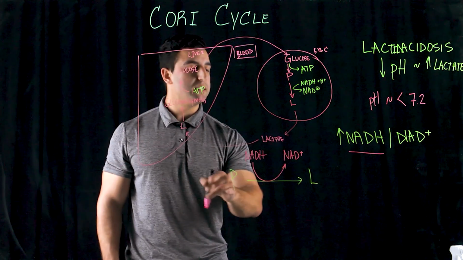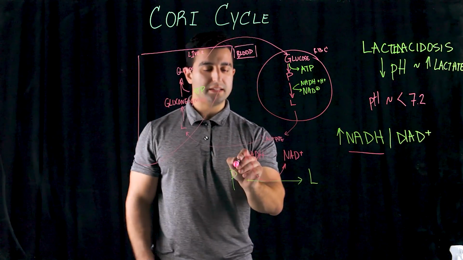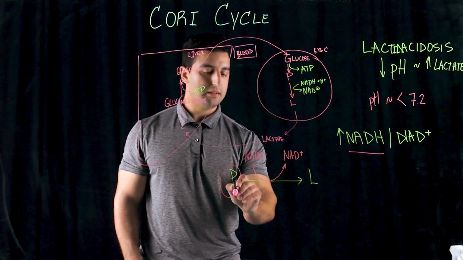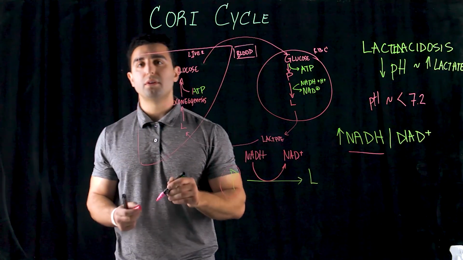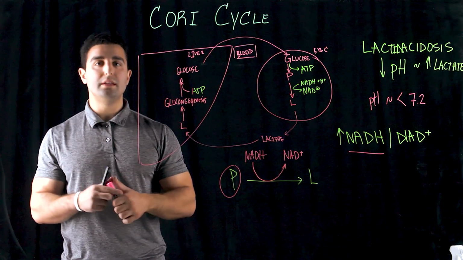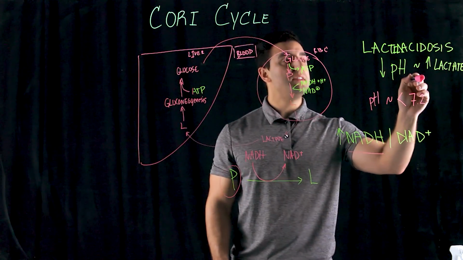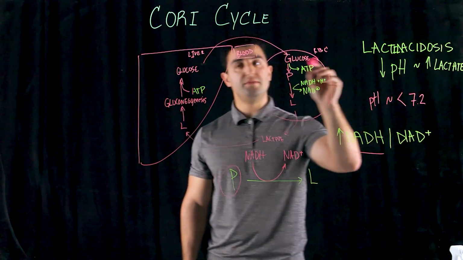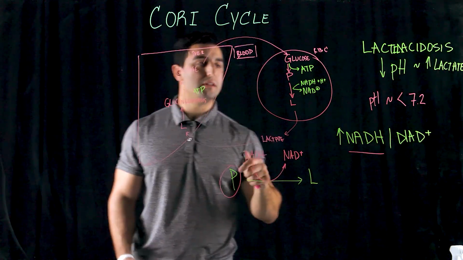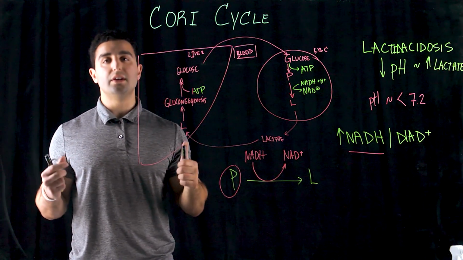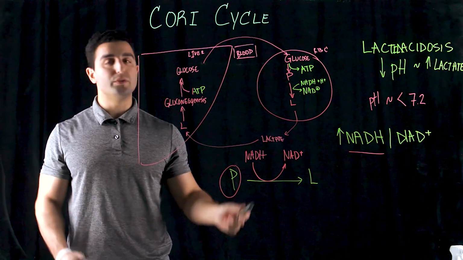So with this constant reduction, the pyruvate itself cannot end up in the Krebs cycle or the electron transport chain. And so this physiological problem is very dangerous and can lead to a lot of other instances of organ failure if not treated appropriately.